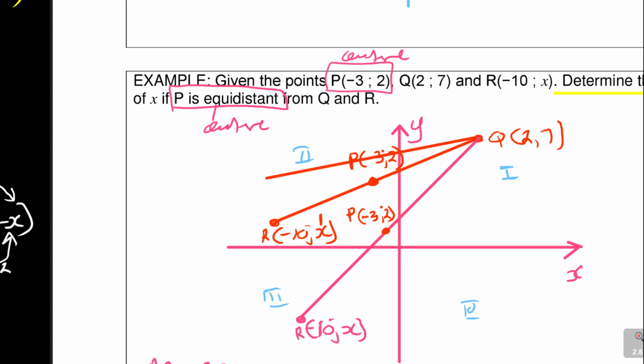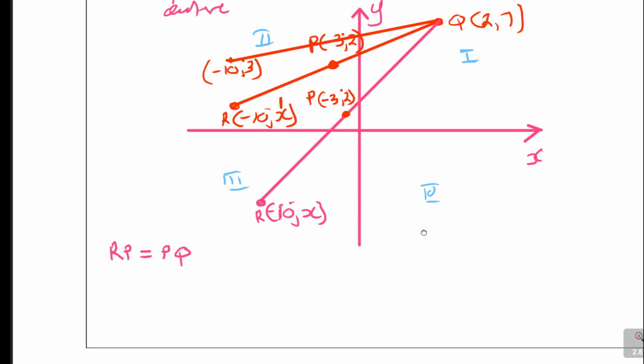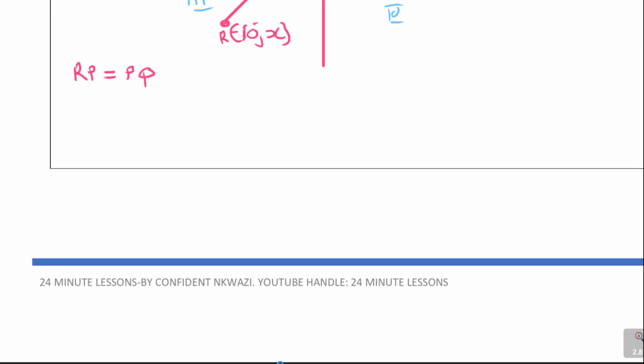You see what they're saying? Minus 10, they're saying there can be another point here, which is minus 10 and 3. Because this one is minus 10 and 1. So that is that. They are values of x. So guys, that's how you come across these questions.